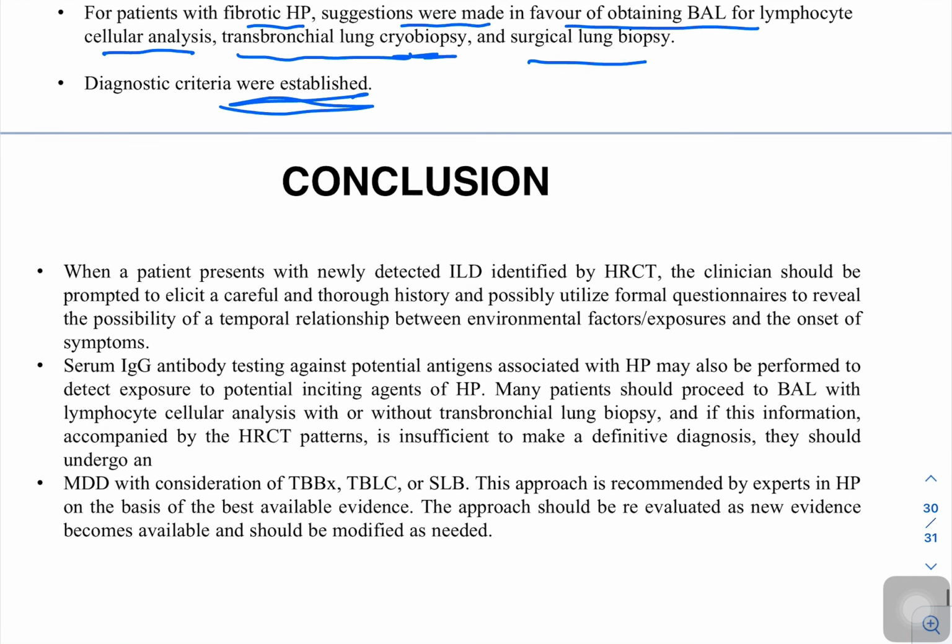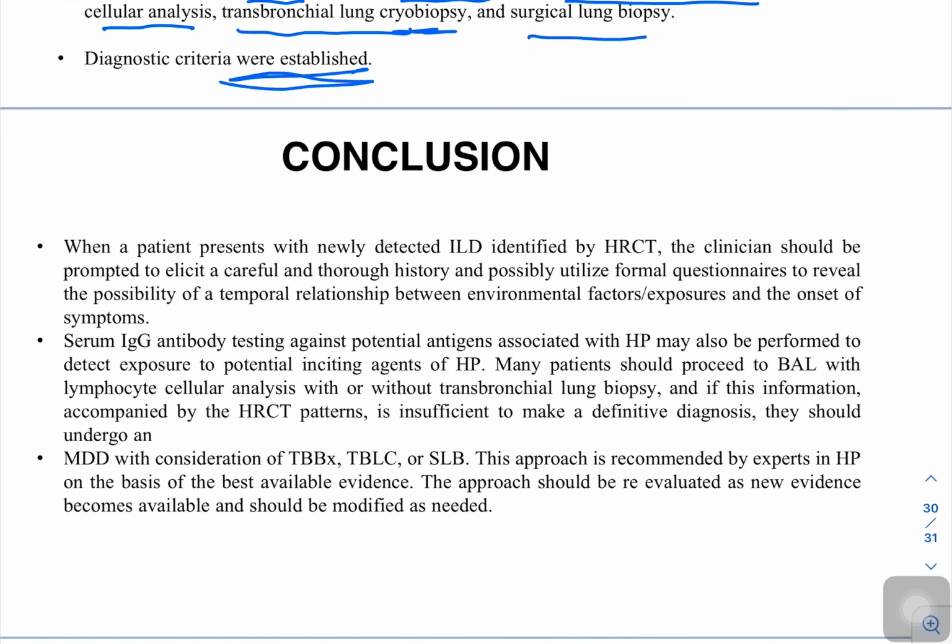Conclusion: when a patient presents with newly detected ILD identified by HRCT, clinicians should be prompted to elicit a careful and thorough history and possibly utilize a formal questionnaire to reveal the possibility of a relationship between environmental factor exposure and symptoms. Serum IgG antibody testing against potential antigens associated with HP should be performed.